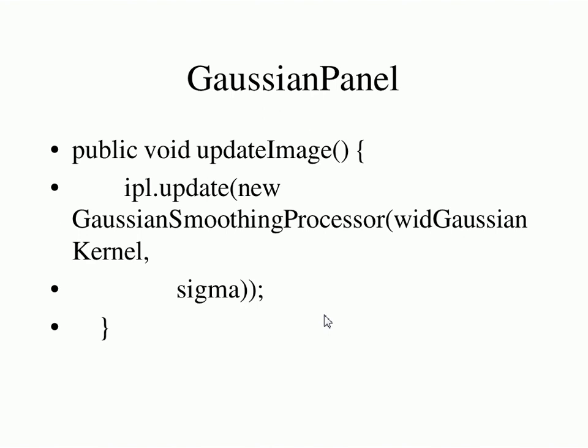Here's what I do inside of one of my subroutines. IPL update basically makes a new instance of an image by calling on this smoothing processor. And you have to do things like parameterize these filters. So you want to add a link so that sliders can adjust sigma, a link so that sliders can adjust the width of the kernel.